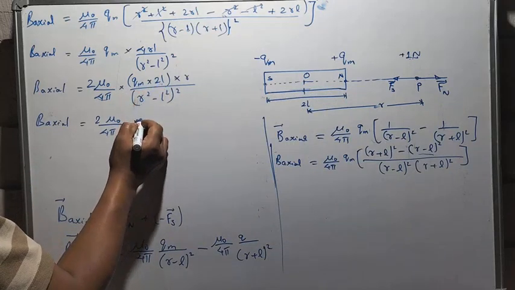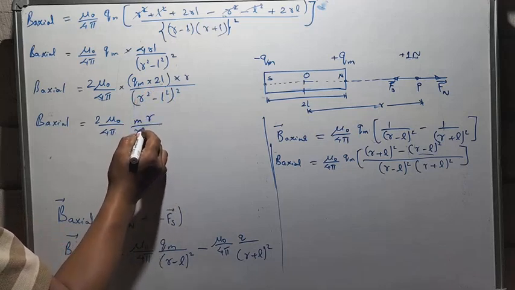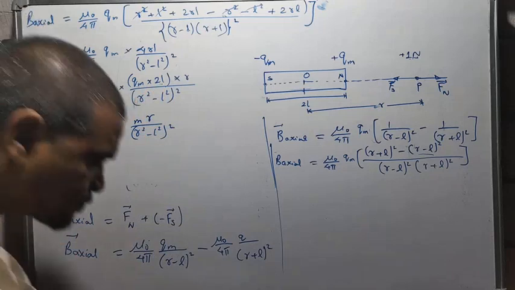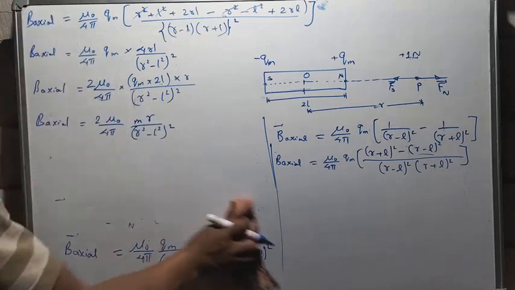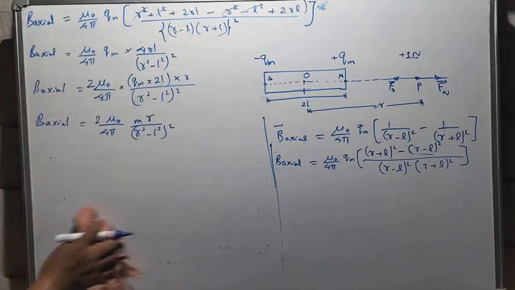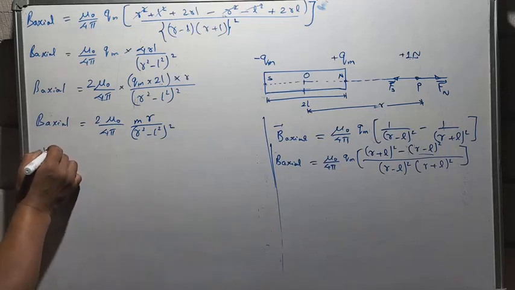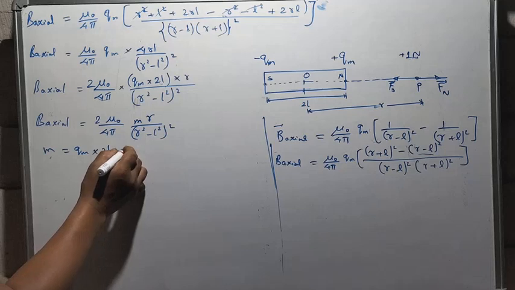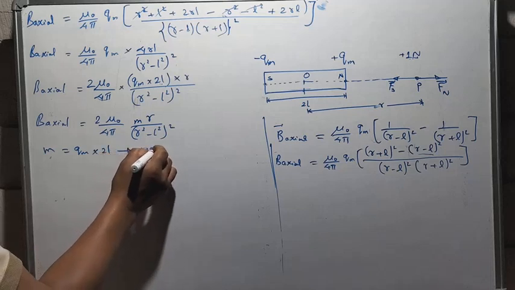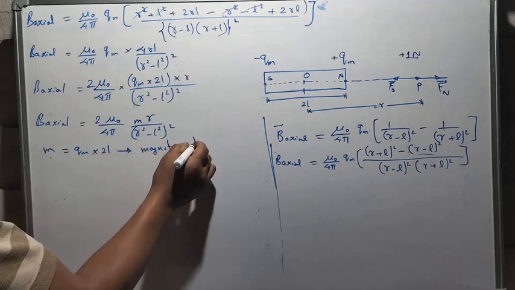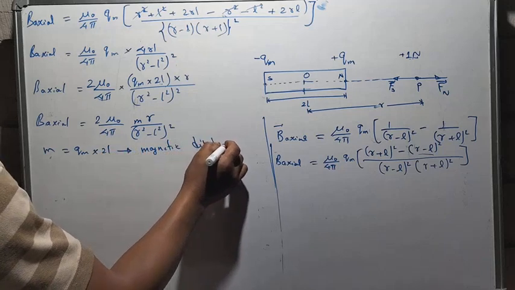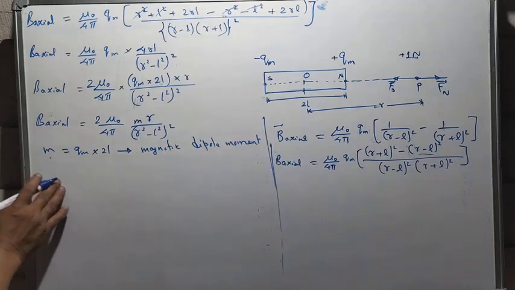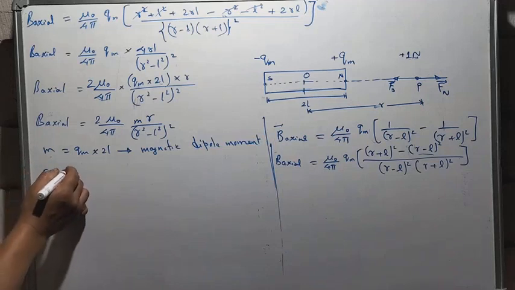So instead of this, I'll write m and then r upon r square minus l square whole thing square. How much is m here? M is equal to qm times 2l, and this is known as magnetic dipole moment.